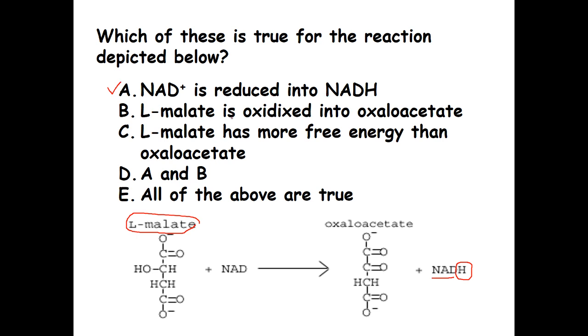Now L-malate is oxidized. Is that correct? So since this guy gained an electron, this molecule has to lose one in the form of proton. If you check, it's this one here, right? That is being moved to this guy here. So then B is also correct.